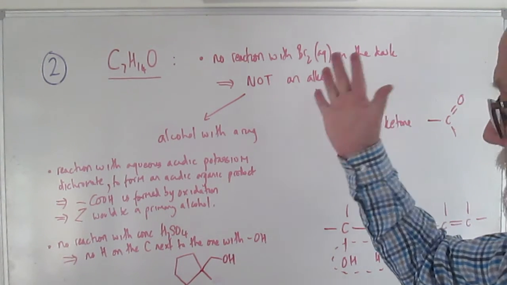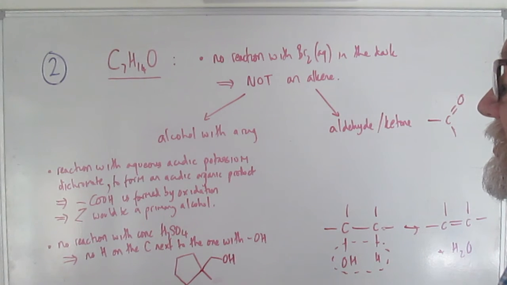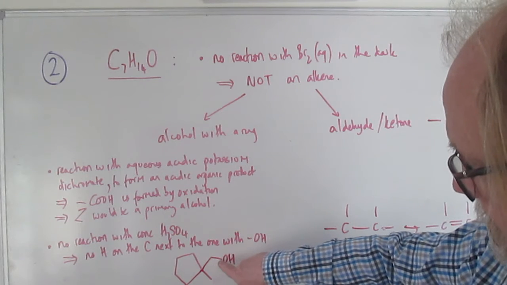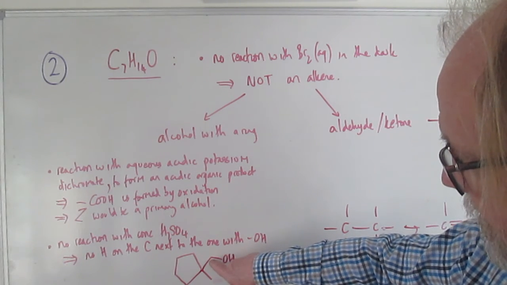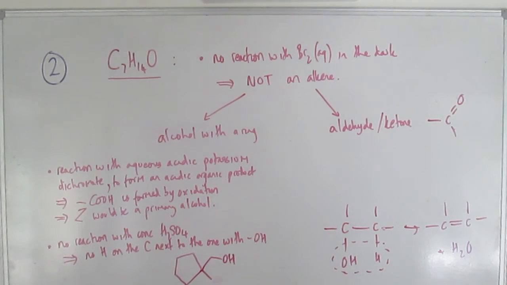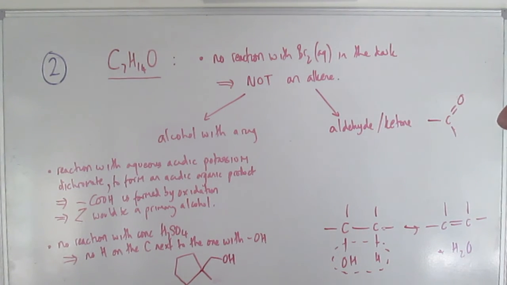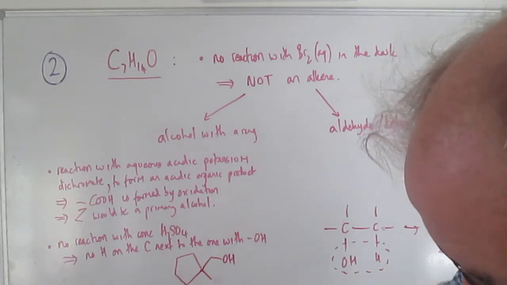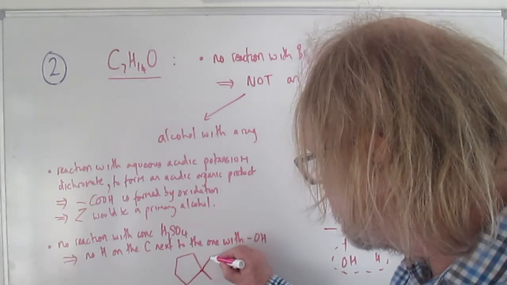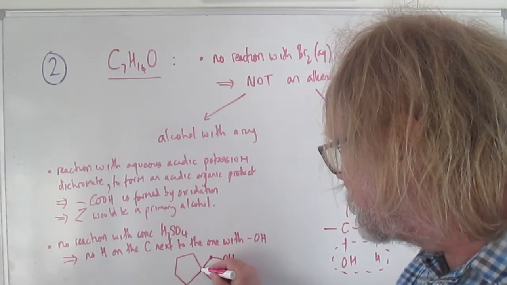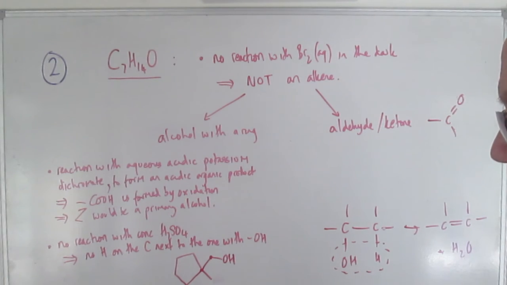It's not an alkene, so it doesn't react with aqueous bromine in the dark. It is a primary alcohol, because the carbon with the OH has just one other carbon attached, so that can be oxidized through to a carboxylic acid. And it has no reaction with conc sulfuric acid, because this carbon is the one with the OH, and the next door one has no hydrogens on board, and therefore water can't be eliminated from that to form an alkene.